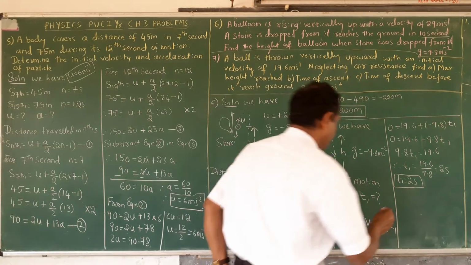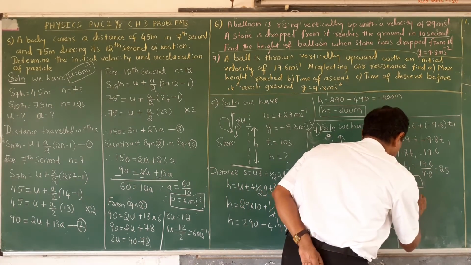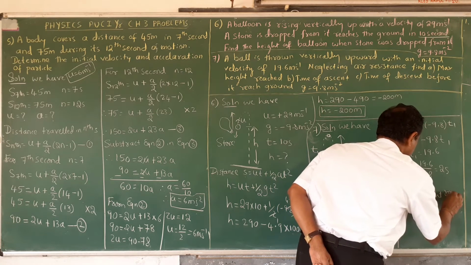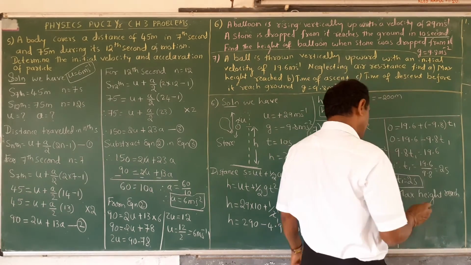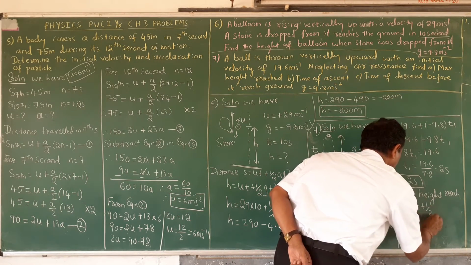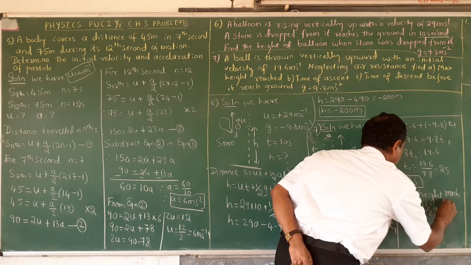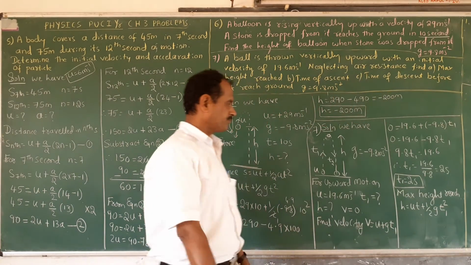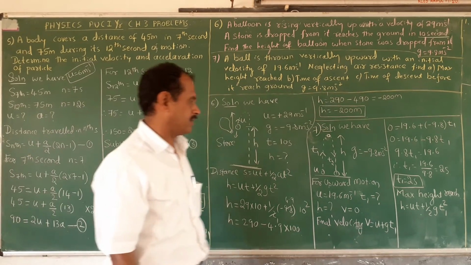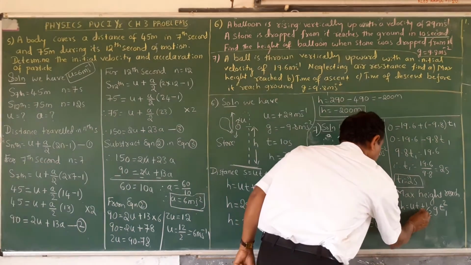Maximum height reached. Maximum height reached h is equal to ut plus 1 upon 2 gt1 square. Yes, fine. Now this is here also t1.